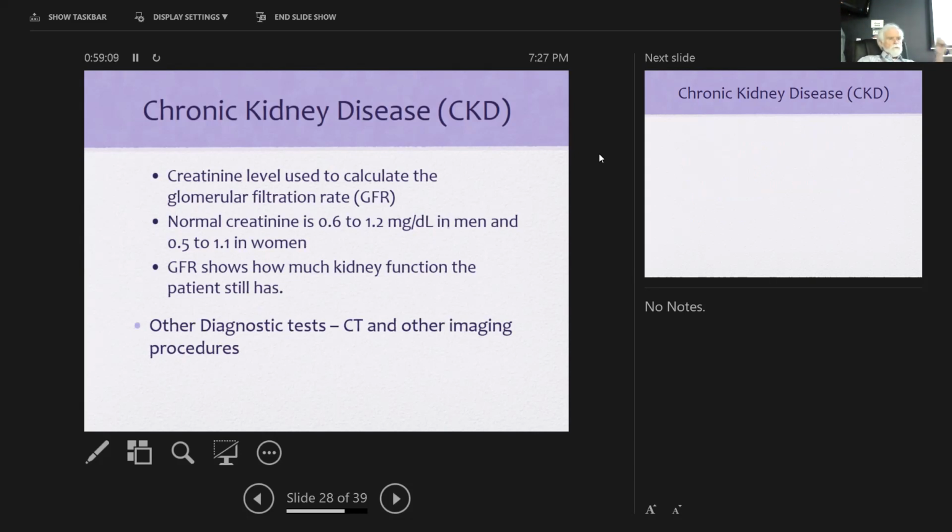We can do CTs and ultrasounds, and we can do imaging on the kidneys as well, and look at what they look like. We can see on an image something that's swollen like that. That had to be painful to the patient too.